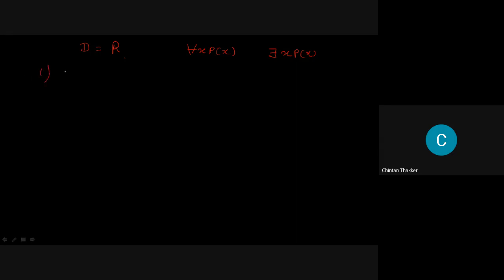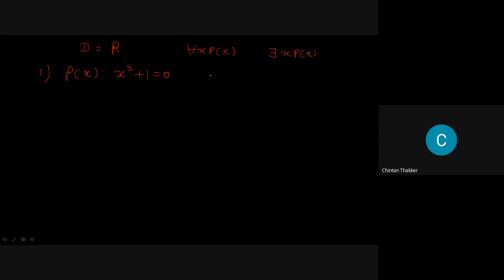Okay. The first P(x) is x cube plus 1 equal to 0.